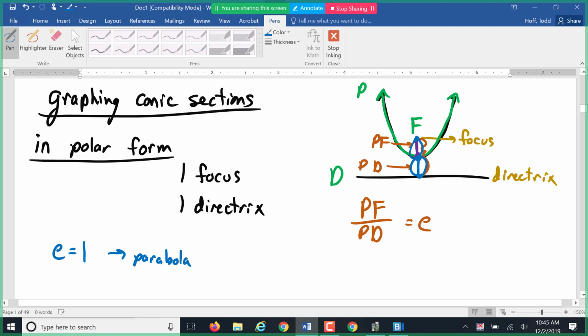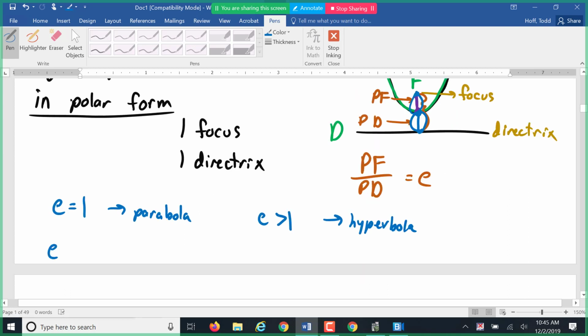If that eccentricity is bigger than 1, so E is greater than 1, then that graph is going to be a hyperbola. If that eccentricity is less than 1, then it is an ellipse.